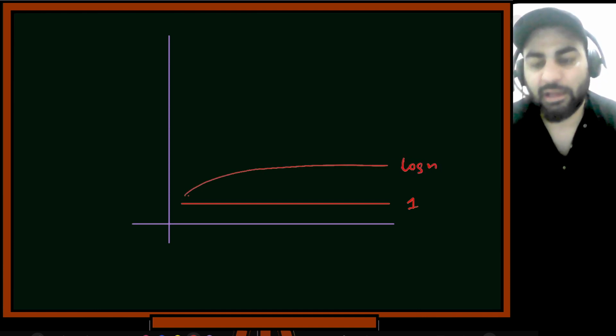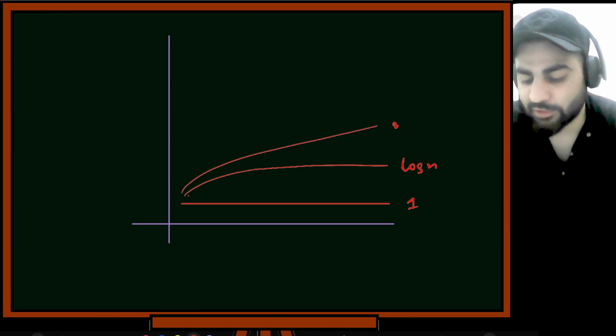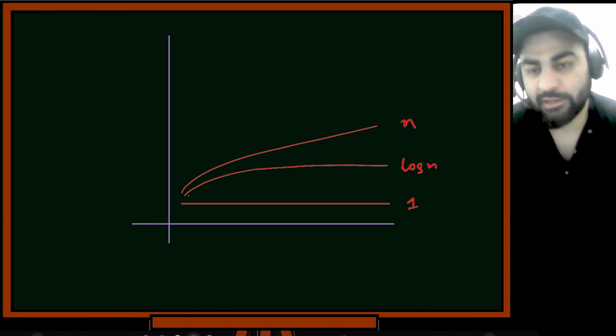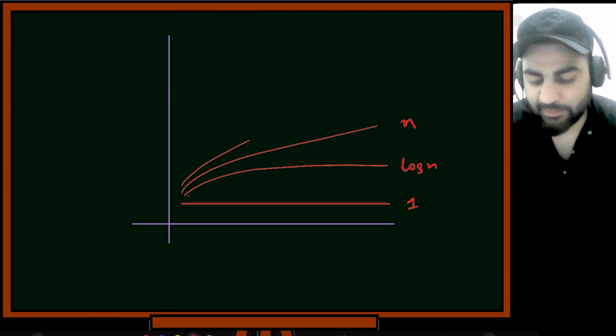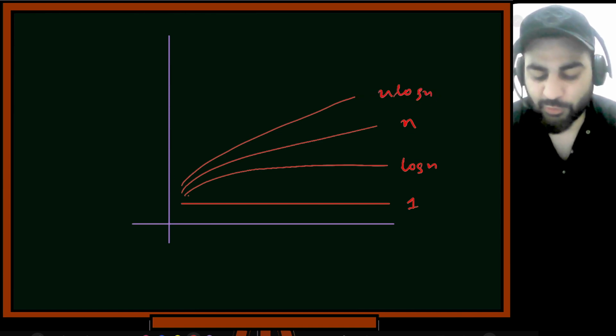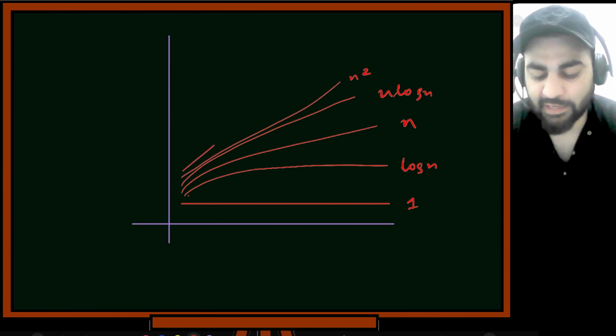Then we had n log n, a little bit upper than that. Then we have n square, which is quadratic, something like this. Then we have 2 to the power n, exponential.